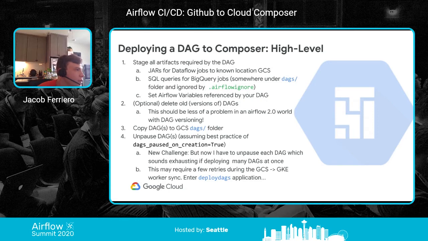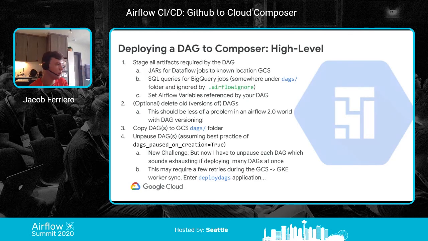Okay, so then we copy our DAGs to the DAGs folder, and then we unpause the DAGs. Now, not everyone uses this Airflow configuration, DAGs paused on creation. But we found with customers that using DAGs paused on creation can make specifically the process of deleting a DAG from the web UI a little more reliable.